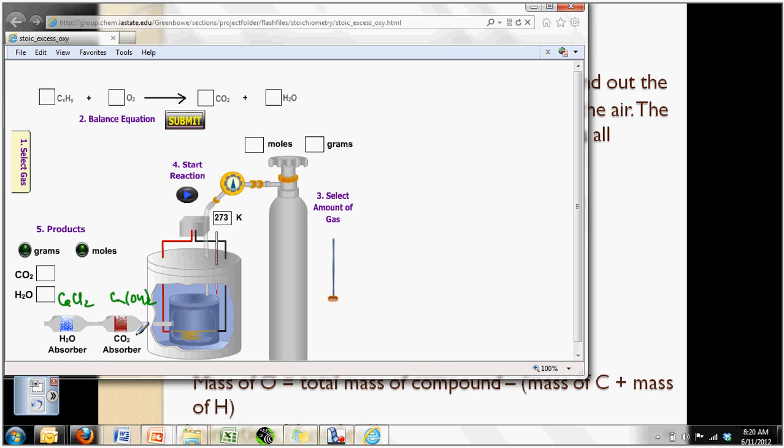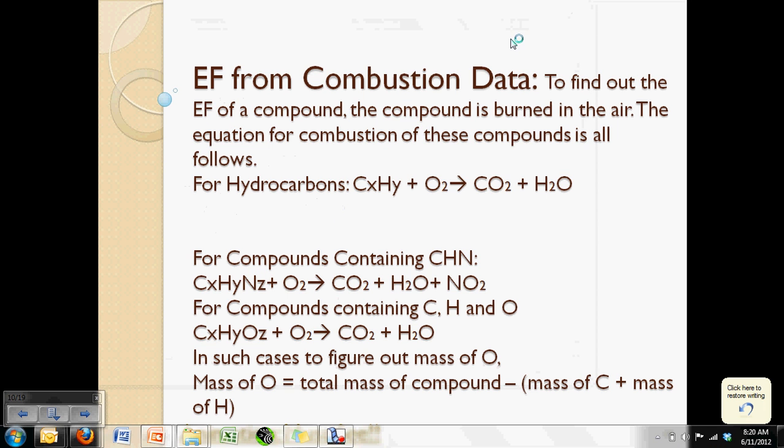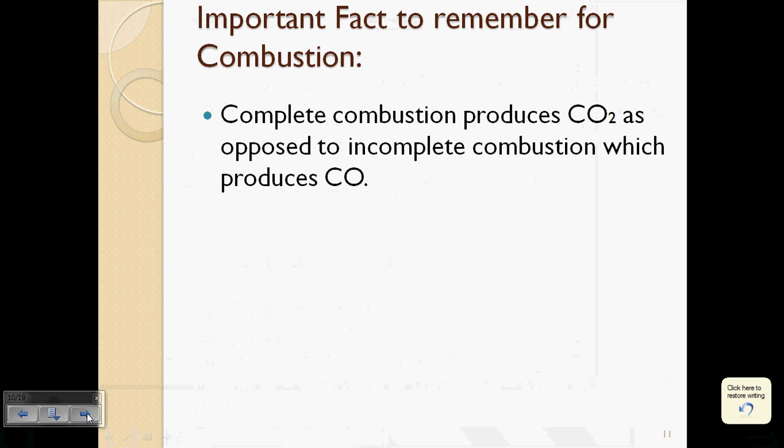Now, how you would do it is, you would put a weighed mass of calcium hydroxide in this chamber, and after passing the carbon dioxide, you'll see the increase in mass. So the increase in mass is the carbon dioxide's mass. Similarly, you put a weighed quantity of calcium chloride in the water absorber, and the increase in mass will indicate the mass of water. So this was the theoretical background behind empirical formula from combustion data.